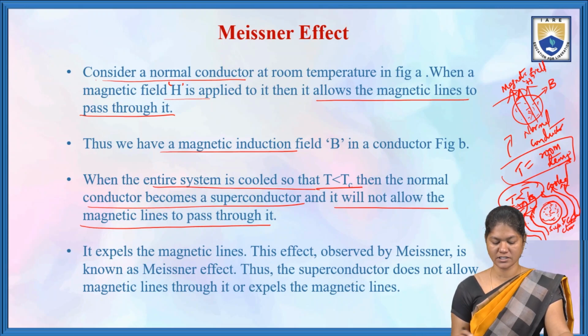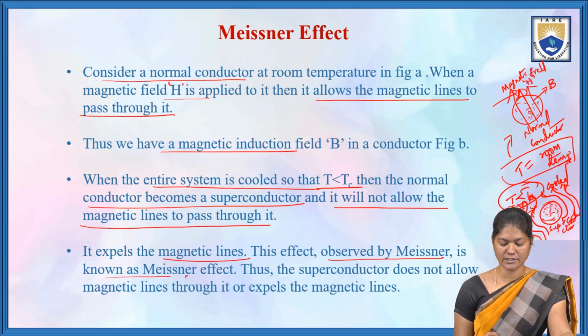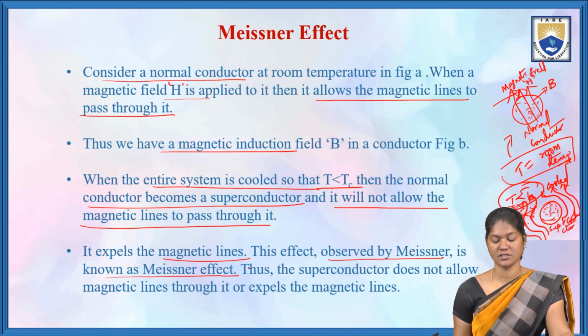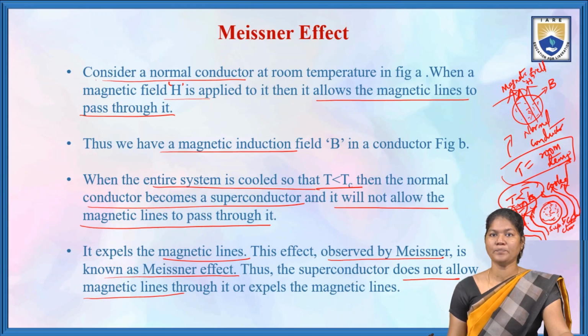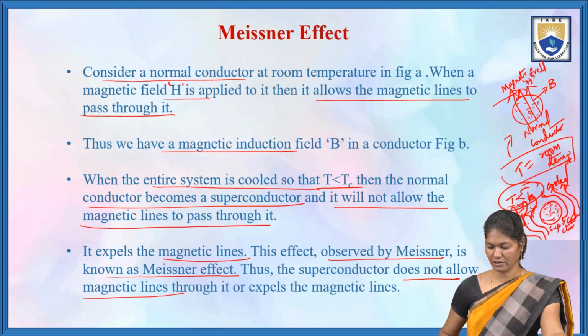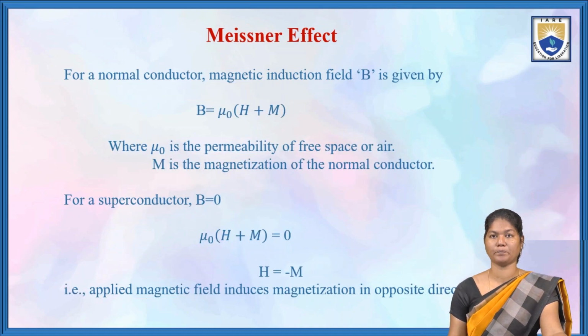This effect was observed by Meissner, so it is known as the Meissner effect. Thus, a superconductor does not allow magnetic lines through it, or expels the magnetic lines.